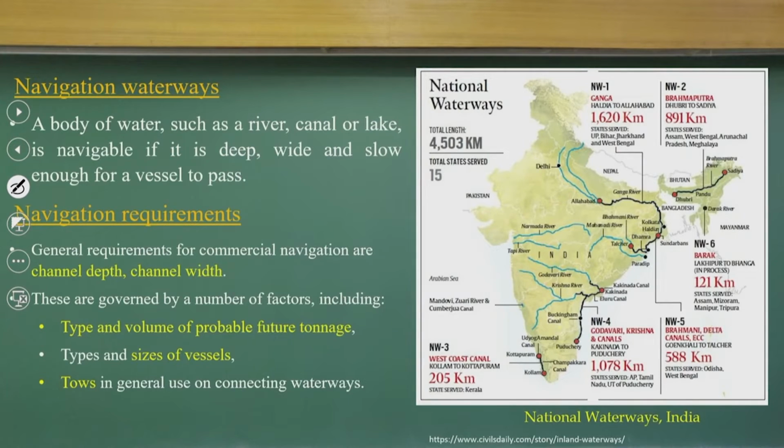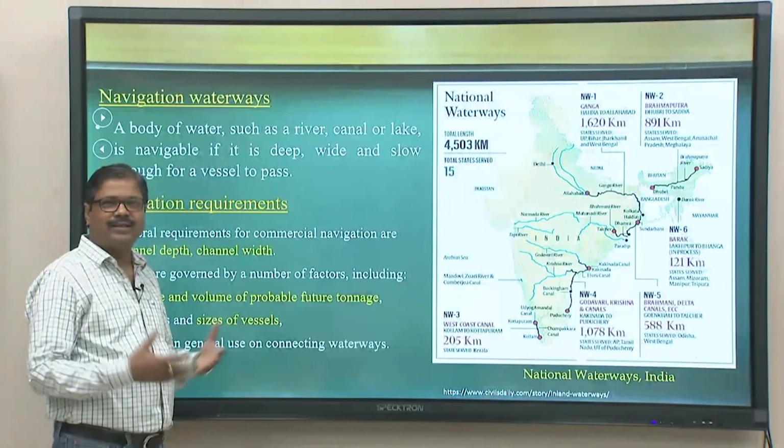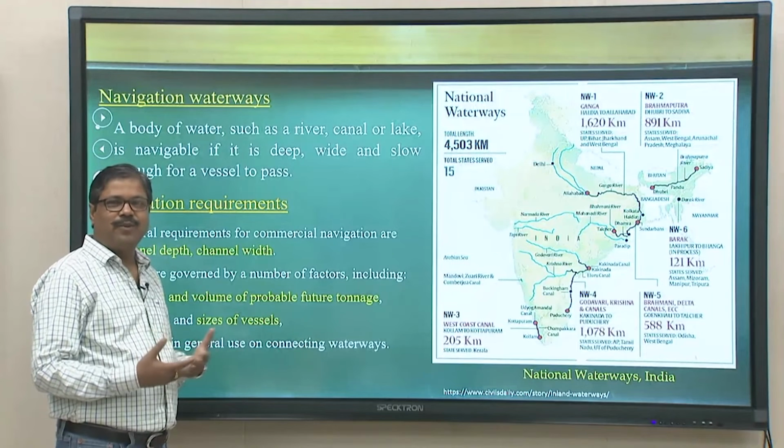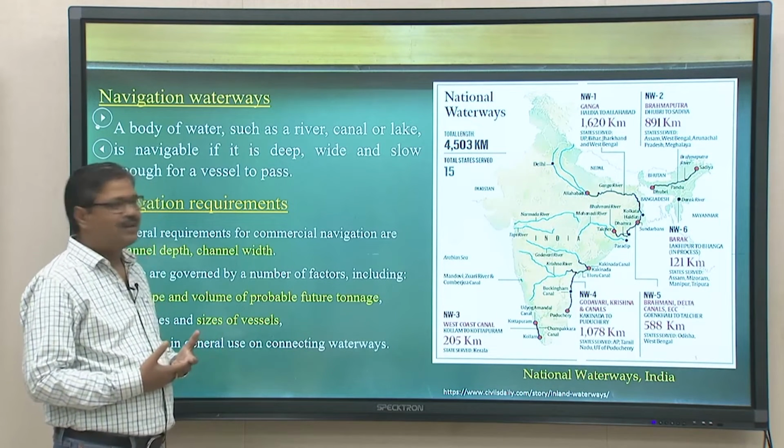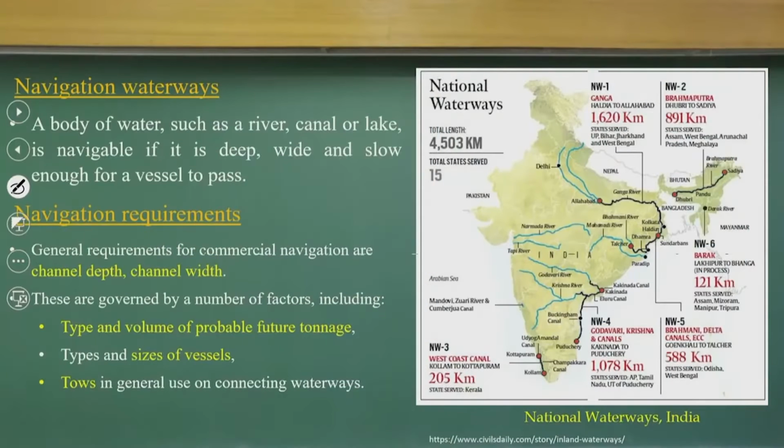Okay, let us come to a very interesting topic. What we are talking about is national waterways. You all know about national highways. In a similar way we have national waterways. It starts from National Waterway 1, the Ganga River from Haldia to Allahabad.